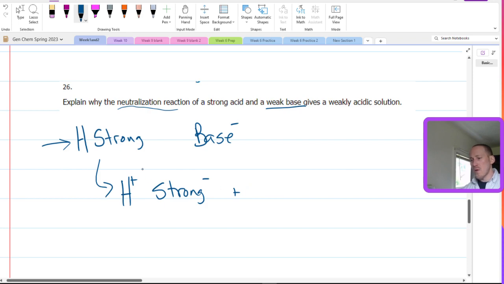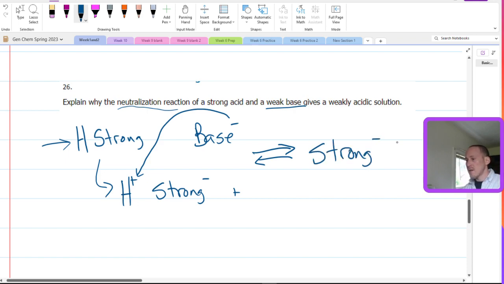So this proton's going to end up joining onto base minus right there. So really what we're going to get, to some back and forth extent, is strong minus and H base.